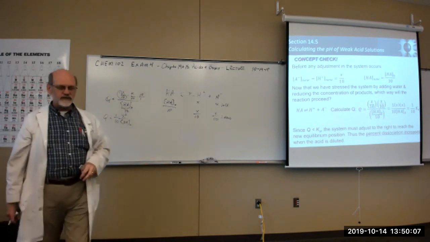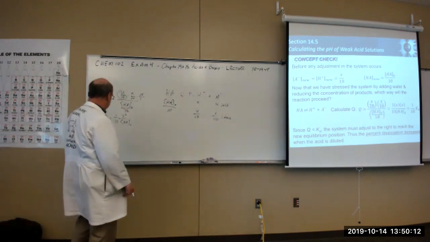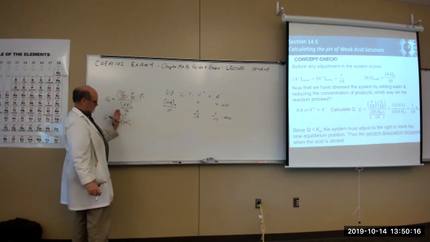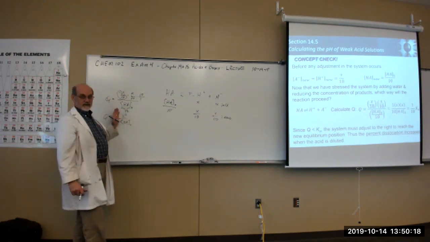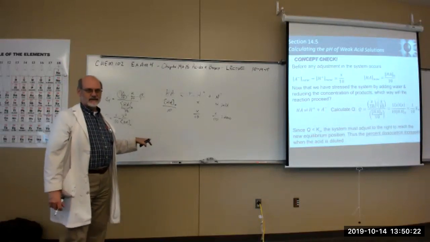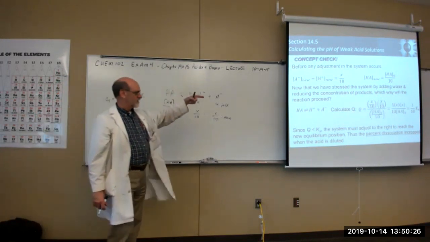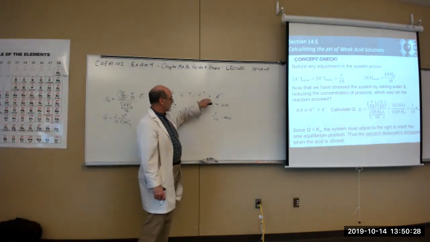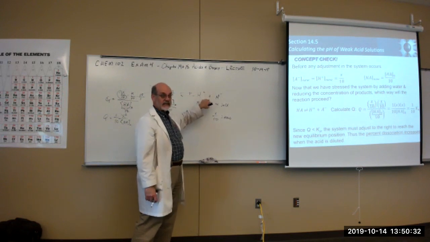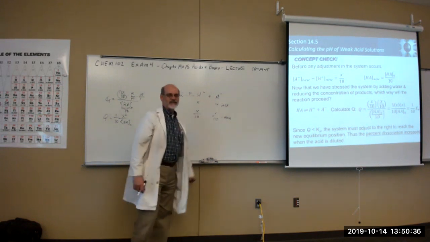So what did we determine when Q is, and what is this value? Well, that's the K, right? So if Q is less than K, which way is it going? Well, that way. That means this is less than the K value. You got less of this than you need. So when you dilute it, you're actually driving it that direction.